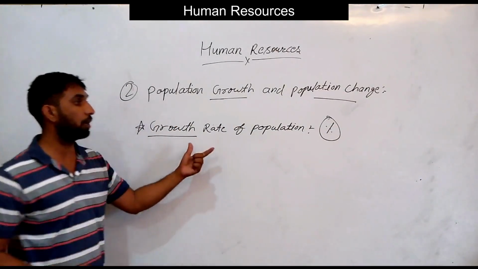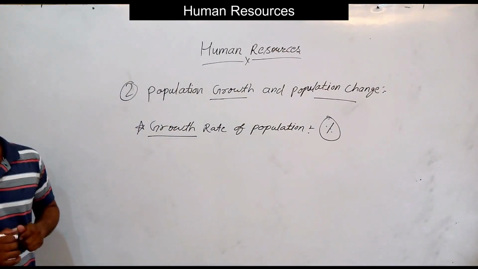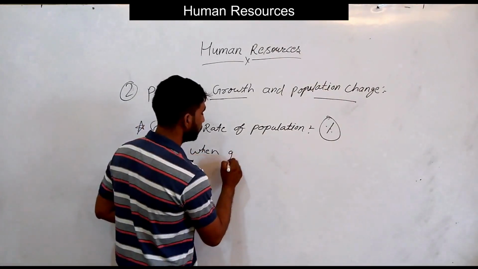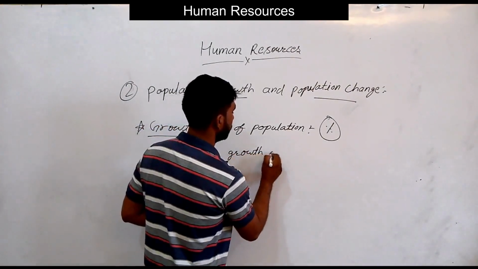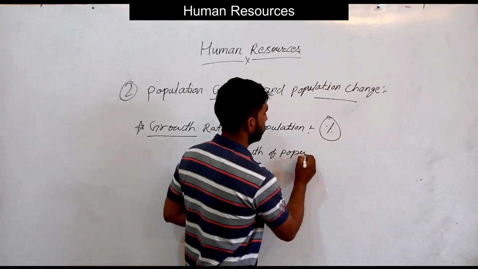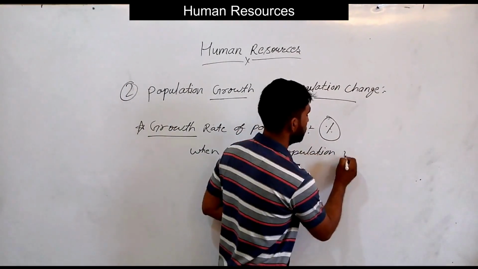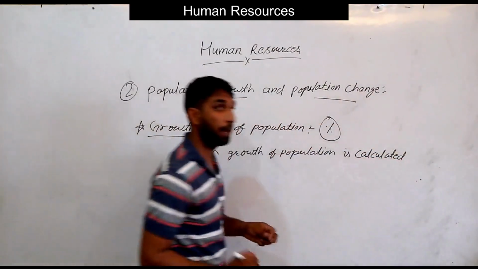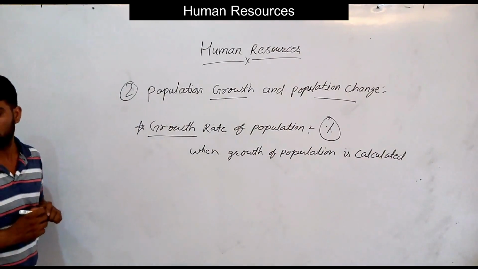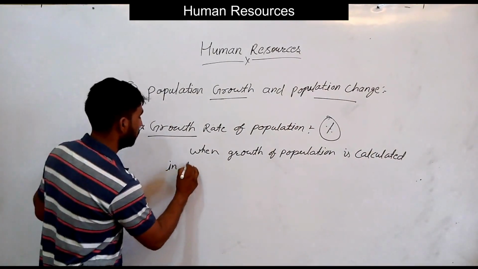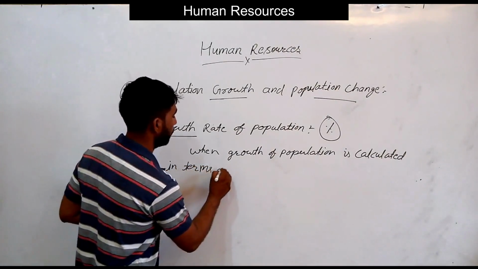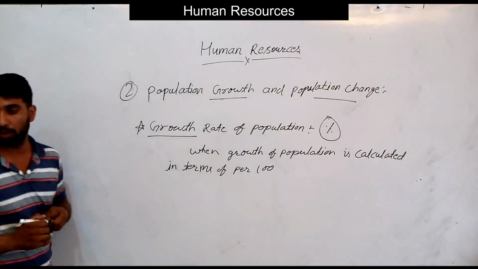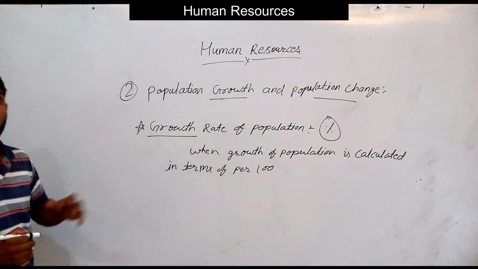So it will be defined as when growth of population is calculated in terms of per 100. Okay, so it is the growth rate of population.